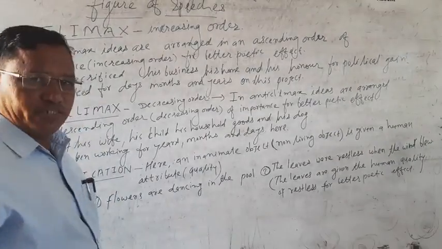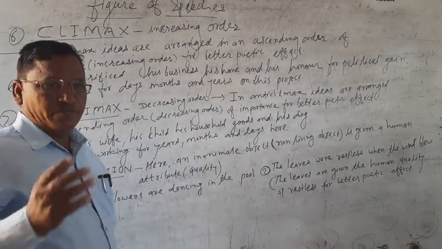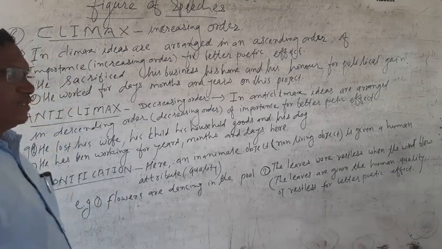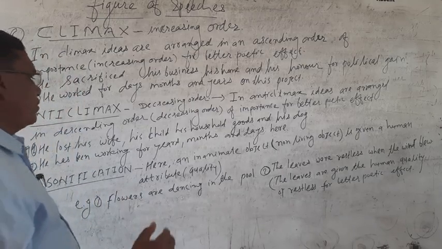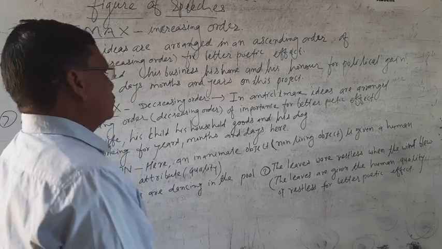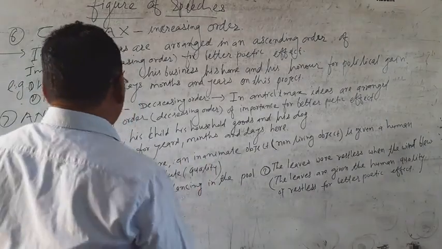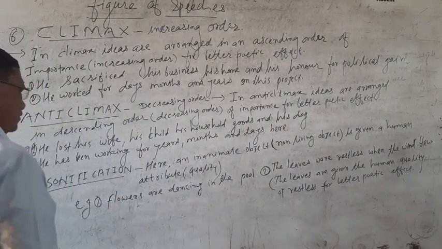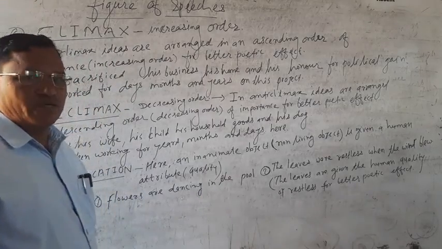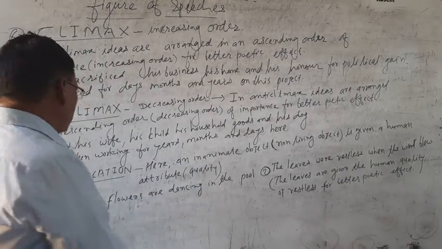Now see here, with an example we can understand personification. Personification means a human quality is given to an object. For example, flowers are dancing in the pool. To whom is the human quality given? The human quality is given to flowers.